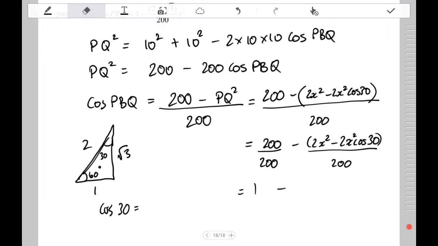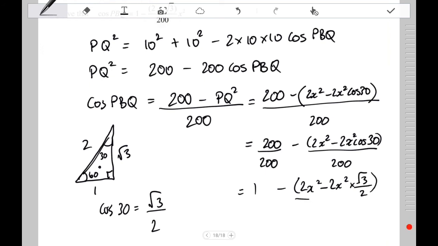So using SOHCAHTOA, it's a right angle triangle, adjacent over hypotenuse. So cos 30 is that. So we can simplify that here, and you get minus 2x squared minus 2x squared. Cos 30 is root 3 over 2. This is all over 200.